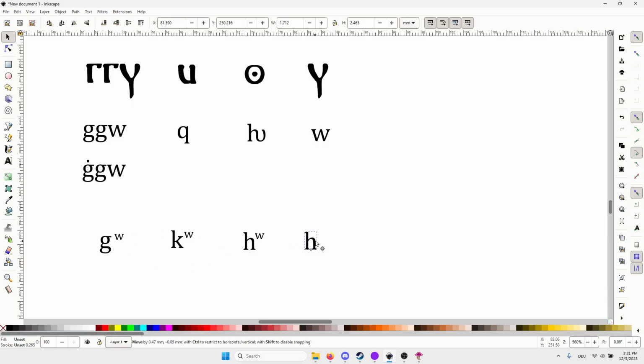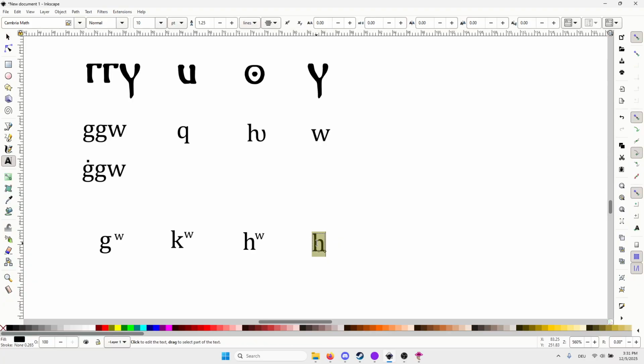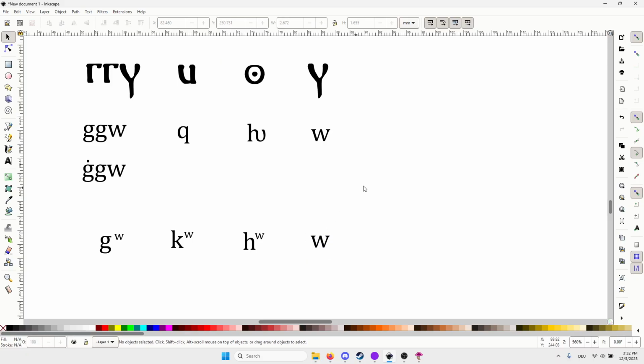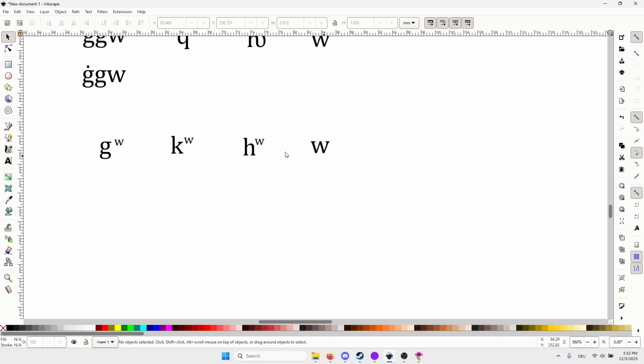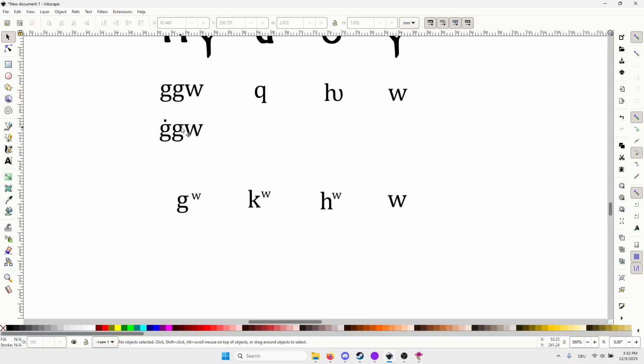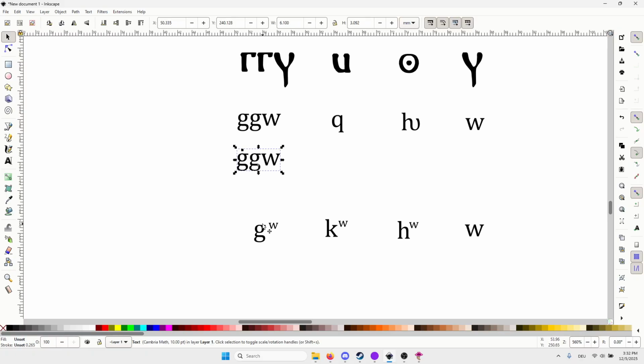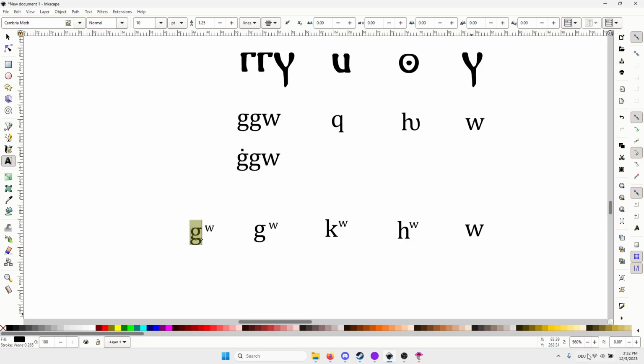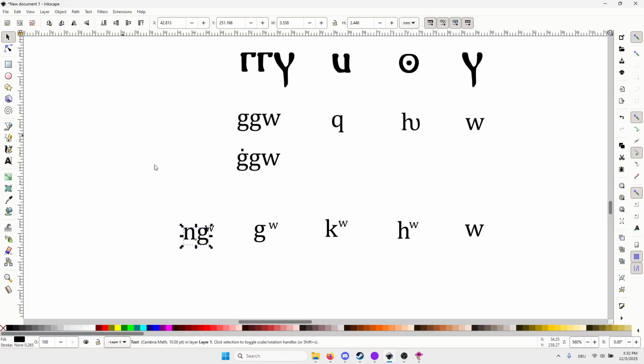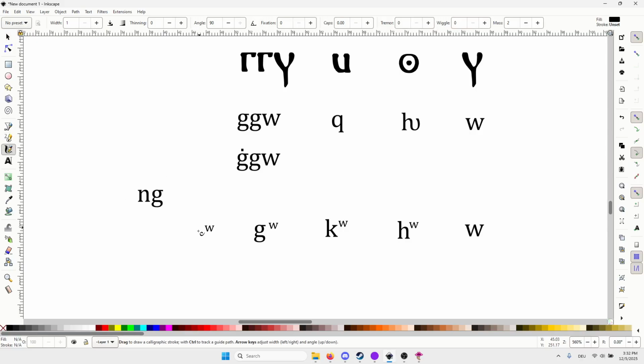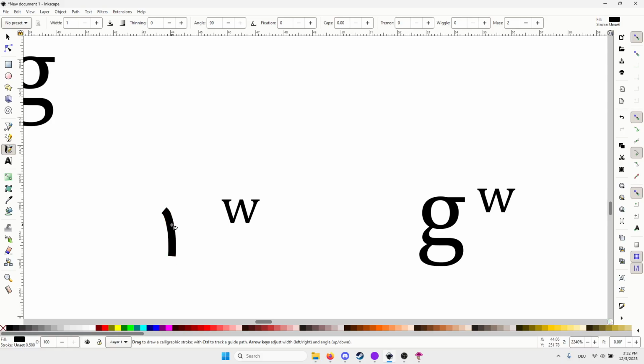These two you can call labial velar. And finally, we have just a W sound like in English. And we have one other sound, which is sort of like the sound in thing, but then rounded.